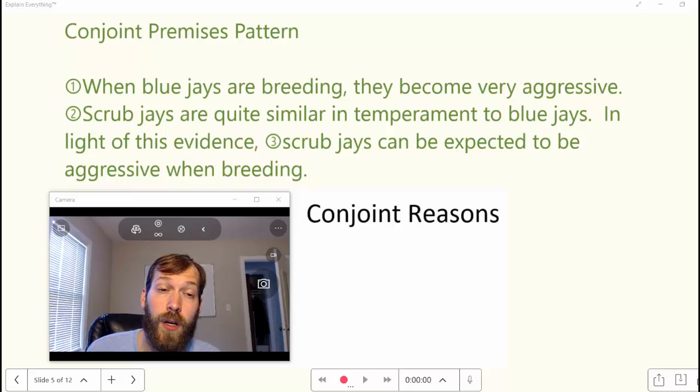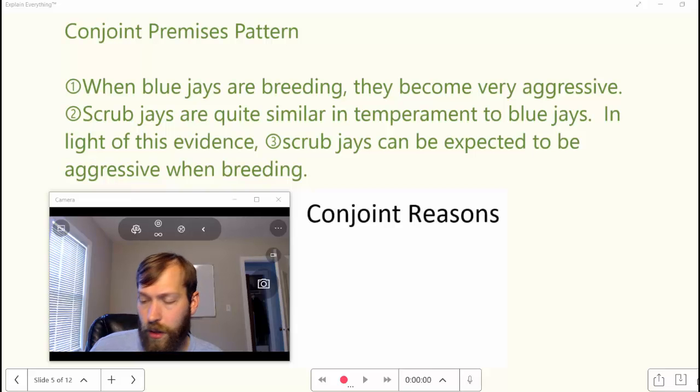So 1, when blue jays are breeding, they become very aggressive. 2, scrub jays are quite similar in temperament to blue jays. 3, in light of this evidence, scrub jays can be expected to be aggressive when breeding.